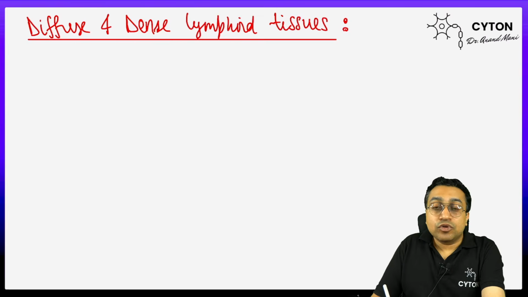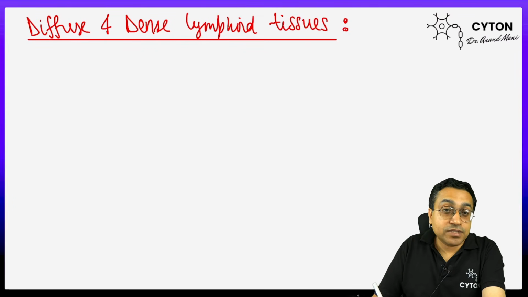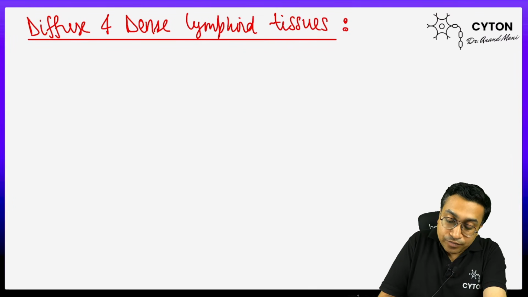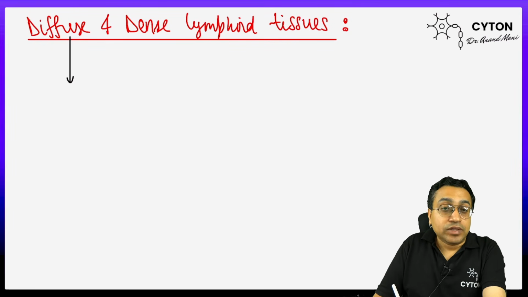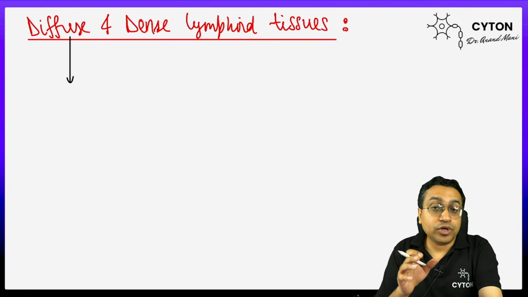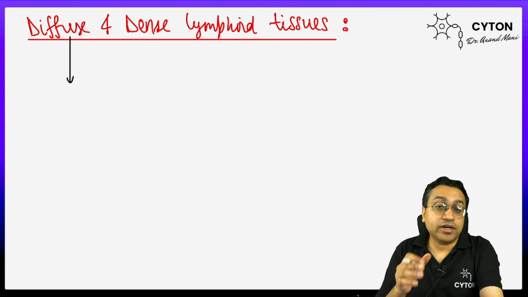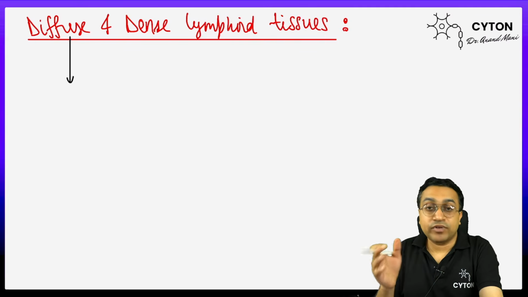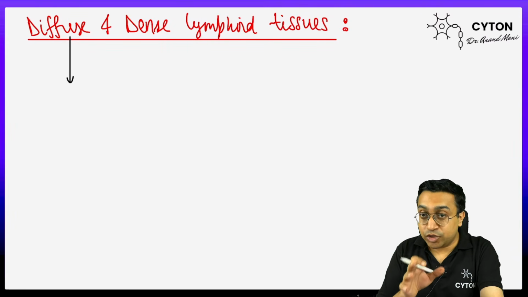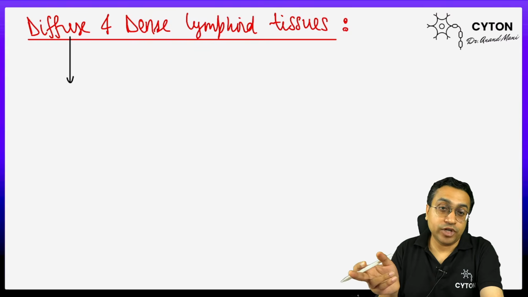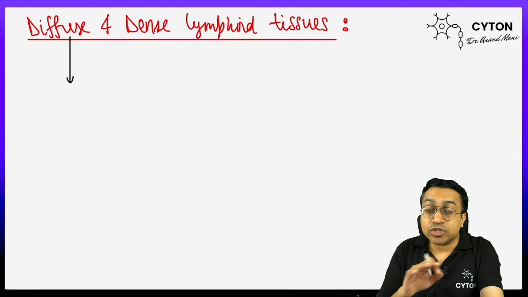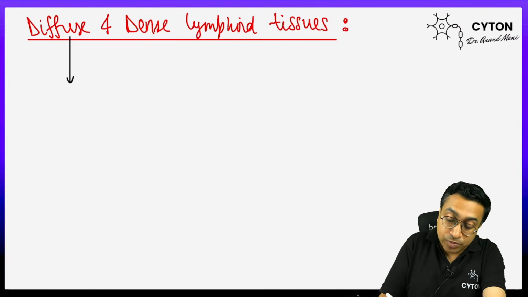Okay, so number one, that is the diffuse lymphoid tissue. The lymphocytes are distributed throughout the mucosa of the gastrointestinal tract, respiratory tract, urinary tract, and the reproductive tracts. This type of lymphoid tissue is known as the diffuse lymphoid tissue, and diffuse lymphoid tissue is not enclosed within a capsule.